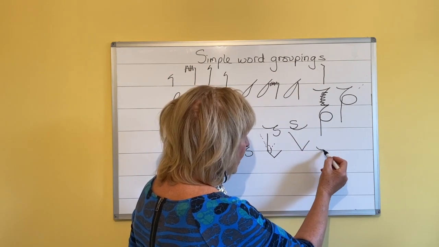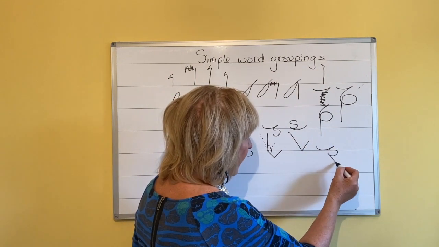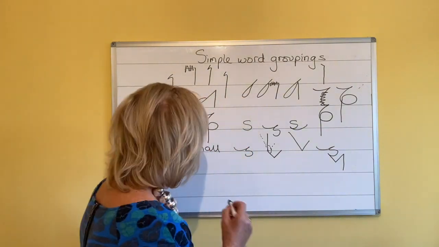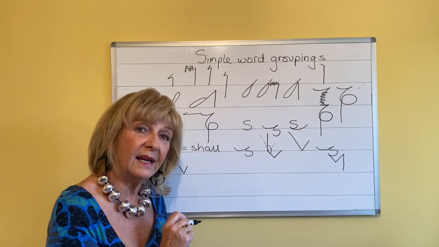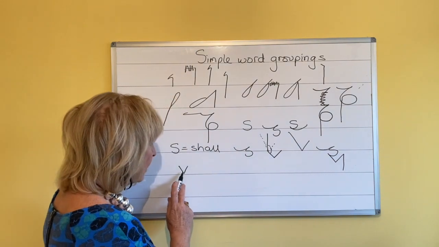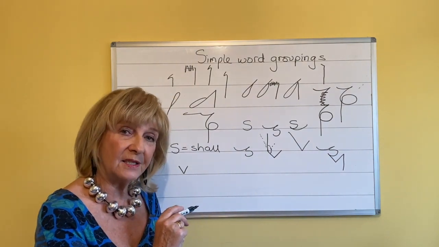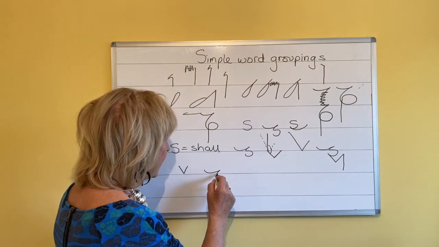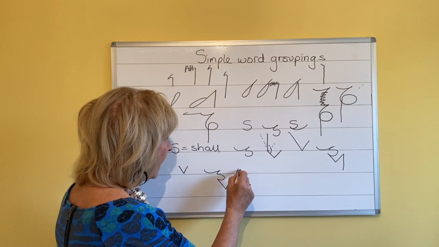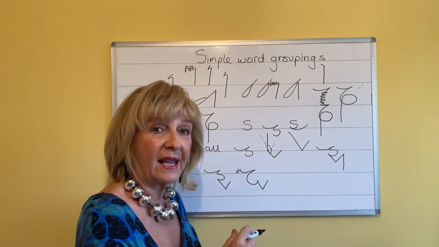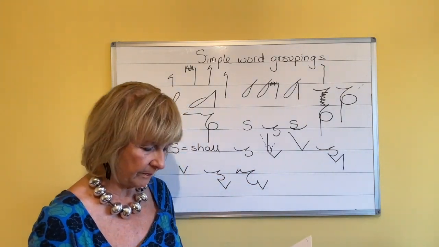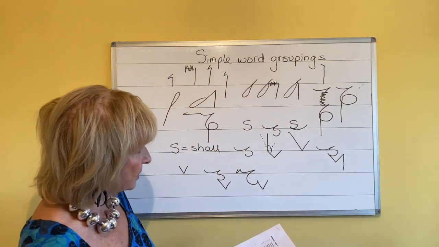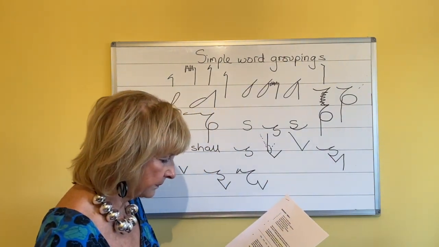So we can write we shall have the. Now I know you'll be thinking that V is very, and it is. But we don't use it for have when it stands alone. We only use it for have when it's in a grouping. So we shall have, I will have, etc. using the V for have. So we've joined the, so we've made we shall have the.